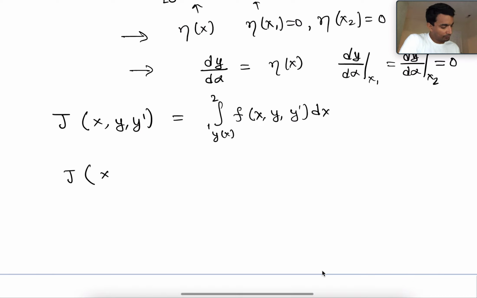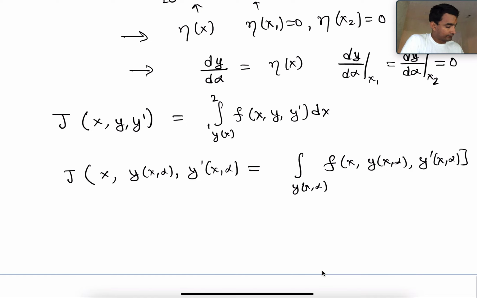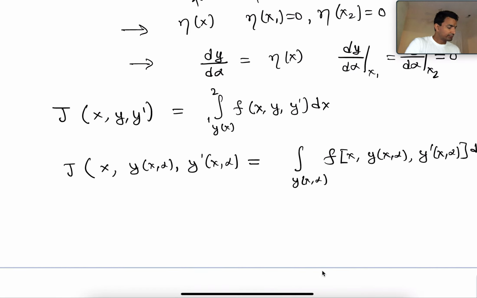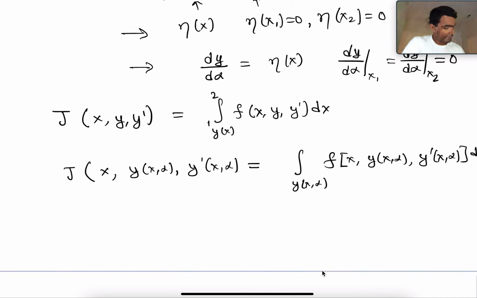So J of y of x, alpha, y prime of x, alpha equals the integral of f of x, y of x, alpha, y prime of x, alpha dx. This integral is now along the new path, y of x, alpha.